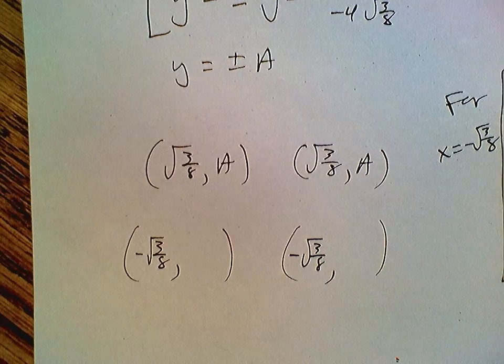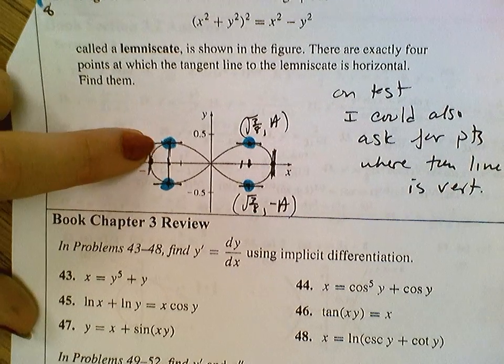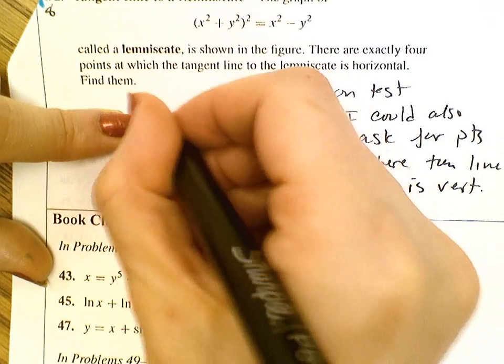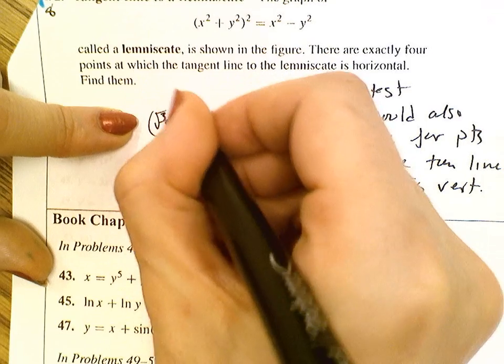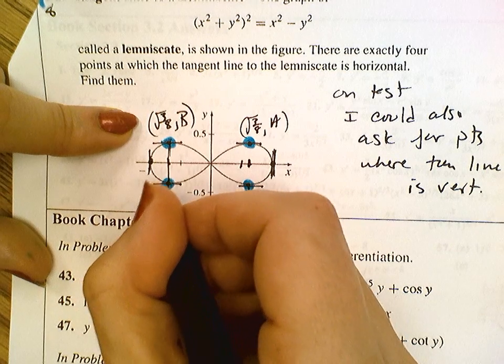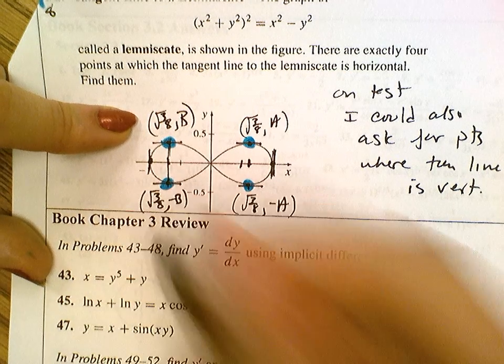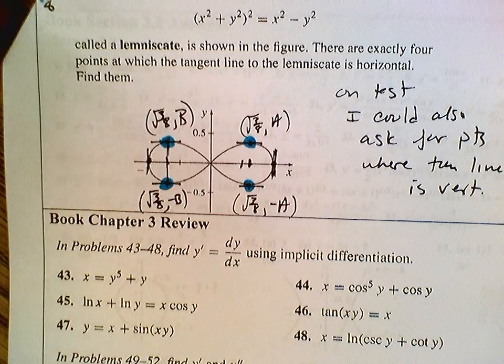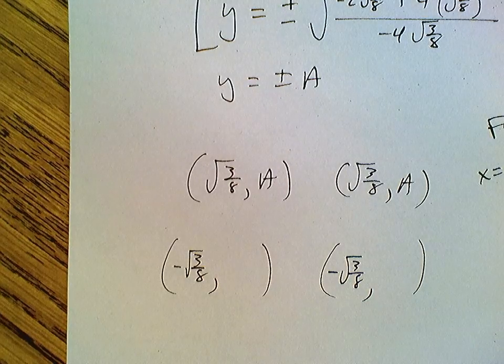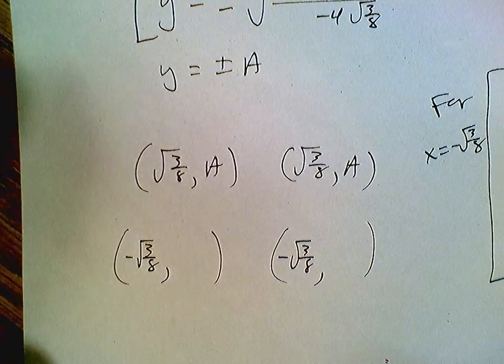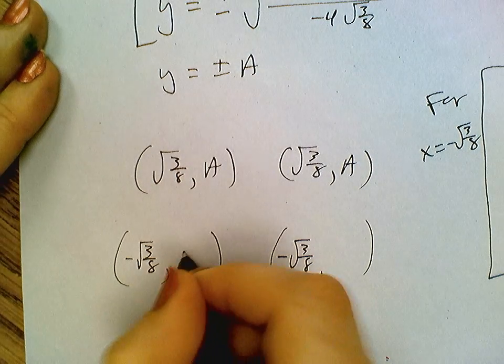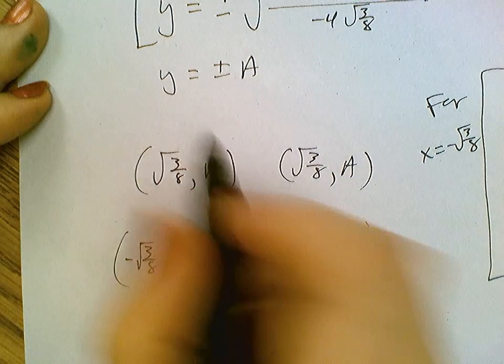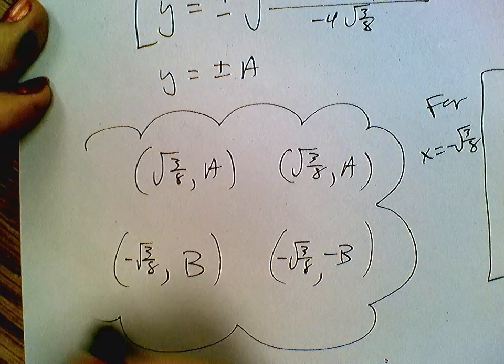So this would be radical 3/8 B, radical 3/8 negative B, which I'm pretty sure is the same as A, but you really can't assume that. So this is B and negative B. Holy crap. It will not be that hard, guys.